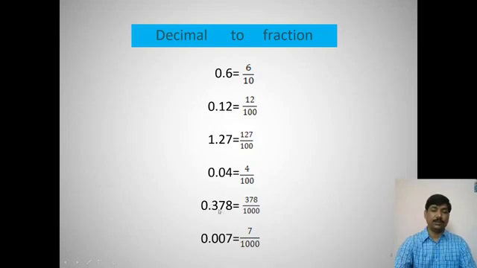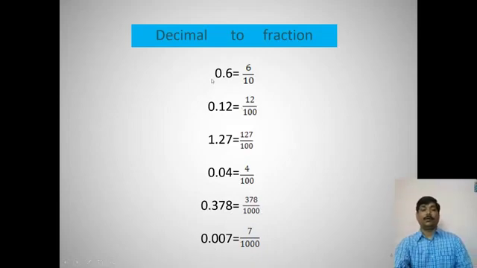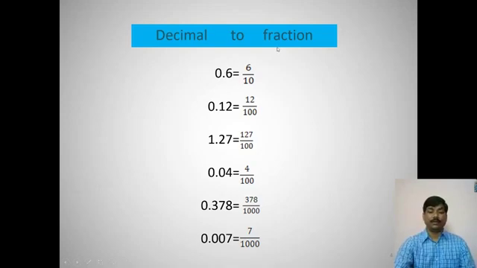How many zeros? Equal to the number of digits after the decimal. How many digits? 3, so we write 3 zeros. Similarly in this case.